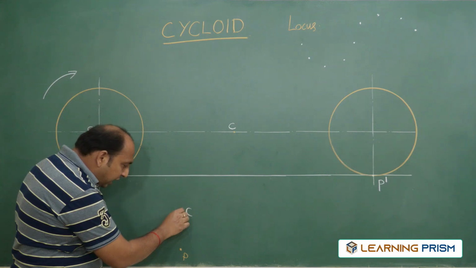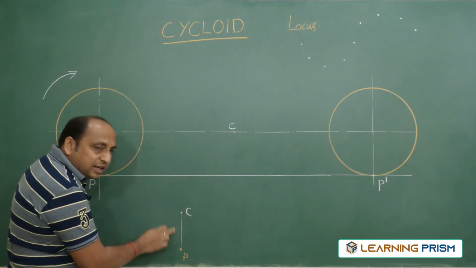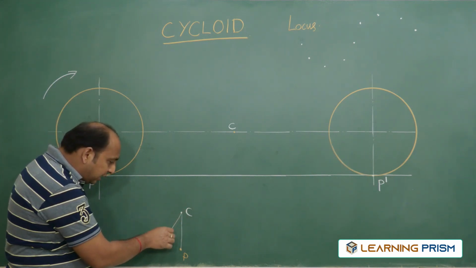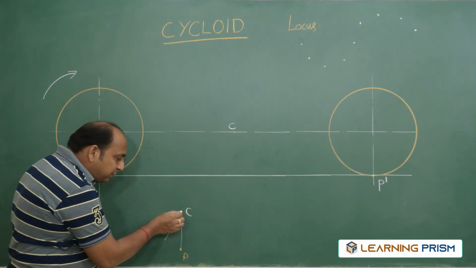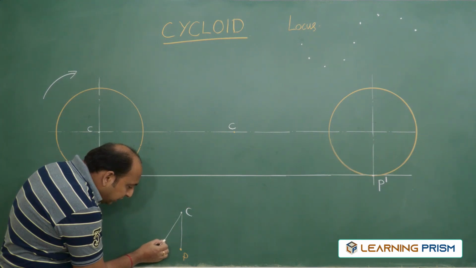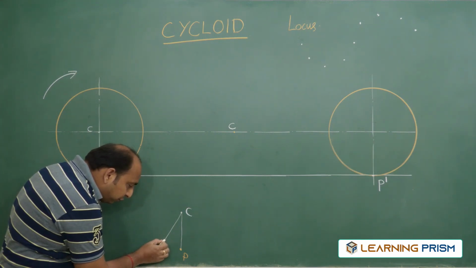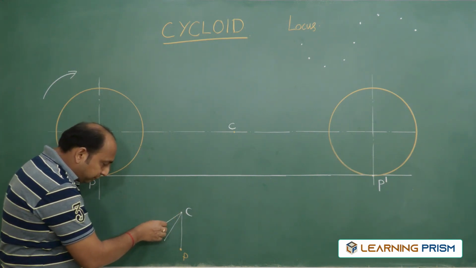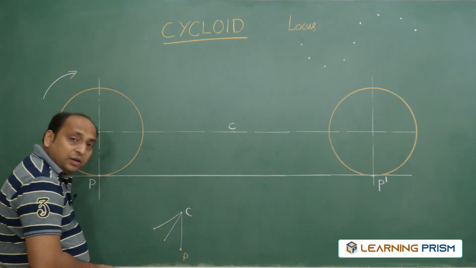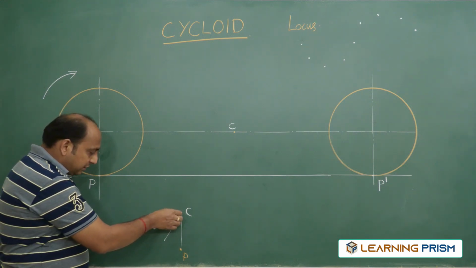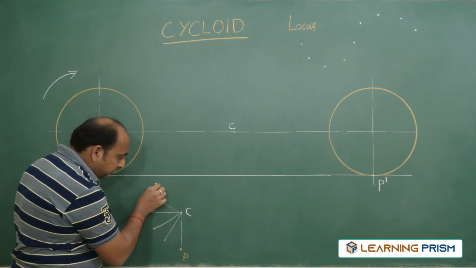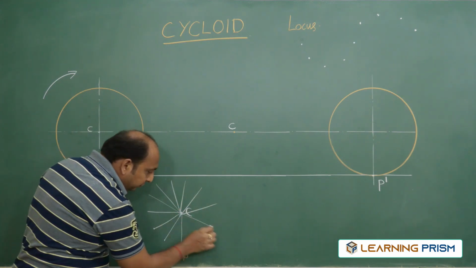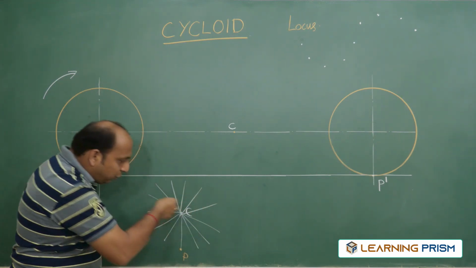If I draw a line from here, this distance CP would be some value. From the same point, if I draw another line such that the distance between C and the point P is again the same, equal distance, and if I draw another line with the same distance again, what are these lines?